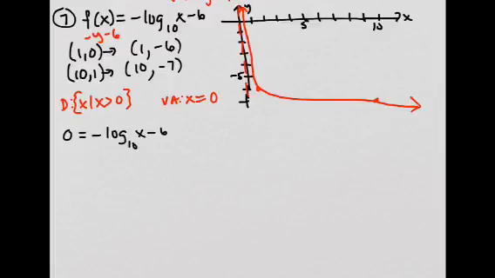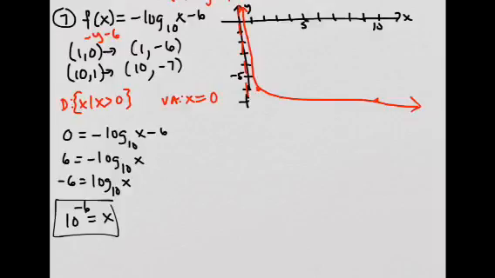We add 6 to both sides, and then the negative moves over, divide by -1, and then convert it to exponential. So the base is 10, the exponent is -6, equals x. So this is the exact value of the x-intercept. So we'll say the x-intercept is (10^-6, 0).